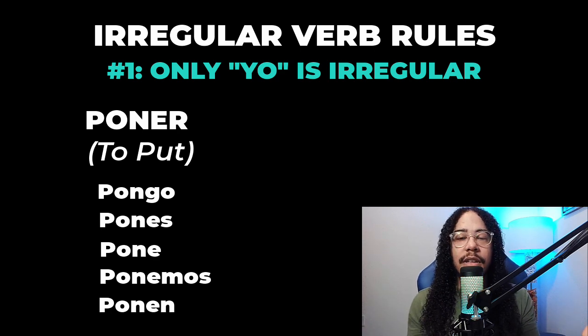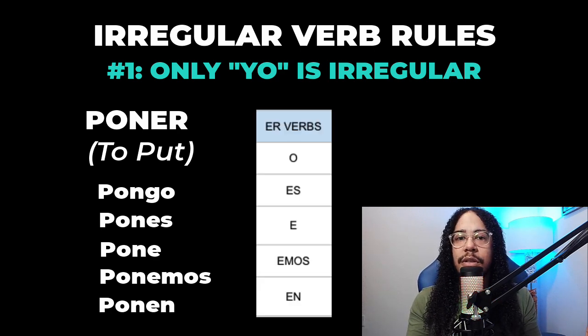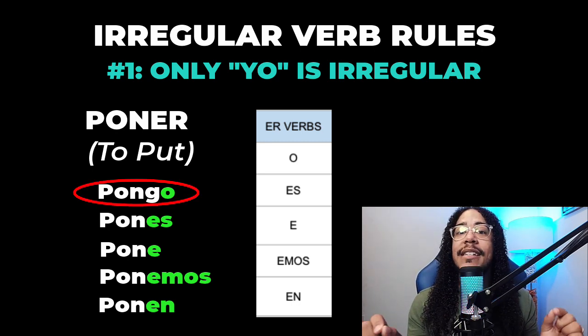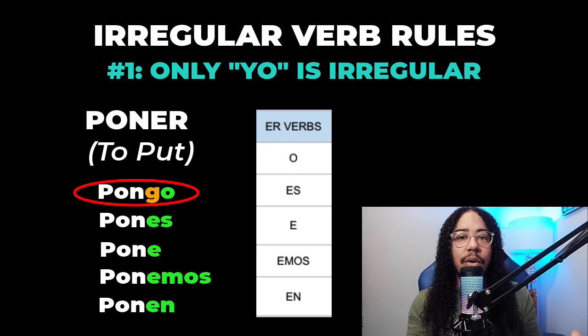Notice that all of these follow the regular rules. The endings are still o, es, e, emos, and en because this verb ends in er. But yo is different. If this was a regular verb, it would be pono. But there's a g that's added, so we get pongo. This is what makes it irregular.